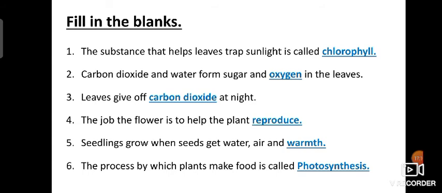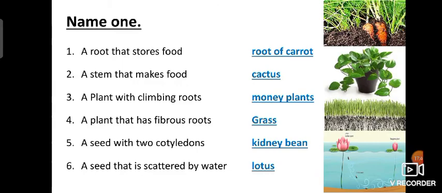The job of the flower is to help the plant reproduce. REPRODUCE. Seedlings grow when seeds get water, air, and warmth. The process by which plants make food is called photosynthesis. PHOTOSYNTHESIS.